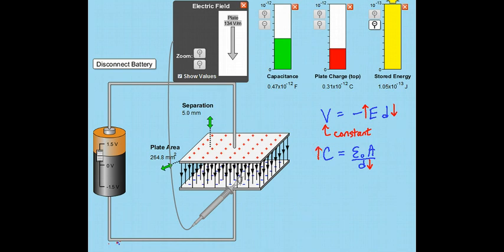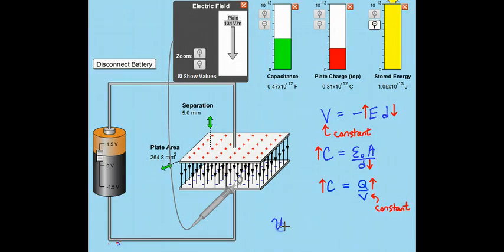And lastly, the capacitance of a capacitor is given as the amount of charge divided by the voltage across the capacitor. Remember that the voltage is constant, and we just learned previously that the capacitance of this capacitor has increased, so the amount of charge that would accumulate on both plates would increase as well. Then we have the stored energy.